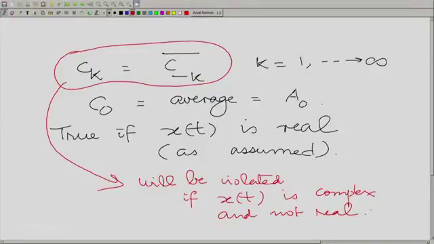You take the very trivial example of one single complex exponential rotating with a period of T. You need to take only one term in this complex exponential expansion corresponding to that particular angular frequency of rotation, and all other terms are absent. That is a very simple example of a complex signal which does not have a sinusoidal decomposition.